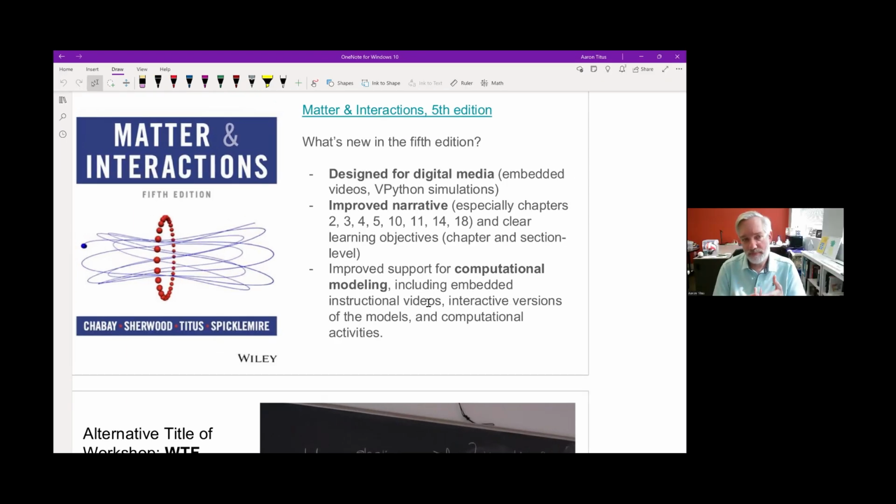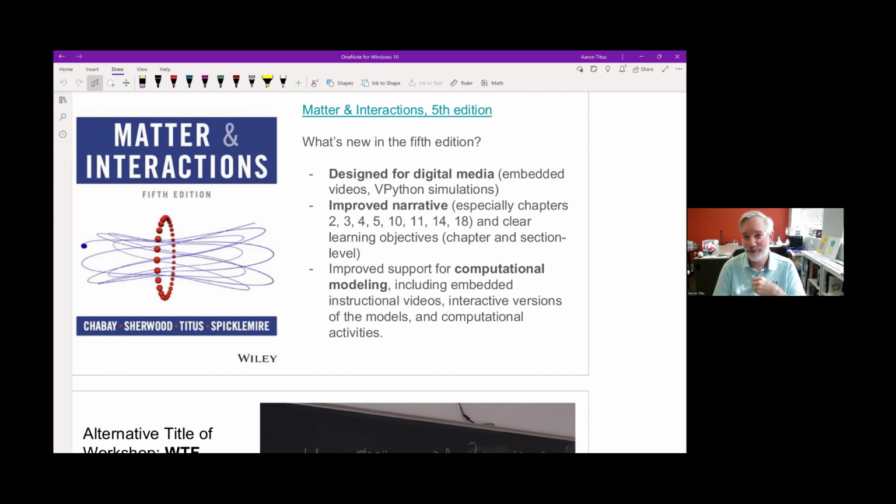But the big things that are different in the fifth edition, and this has been 10 years since the fourth edition, is number one, it's designed for digital media. Who was it, was it Theo, talking about students seeing a print book and being like, "What is this?" This edition is truly designed for digital media.